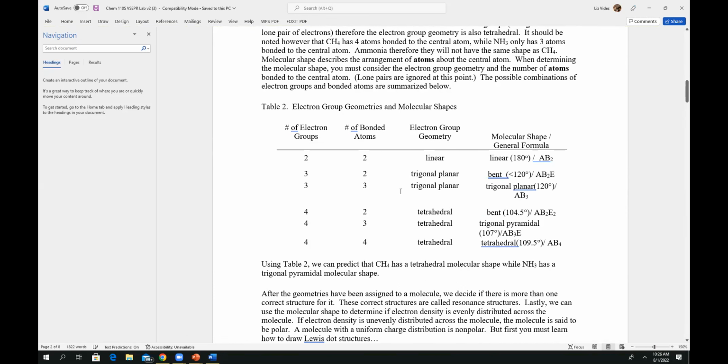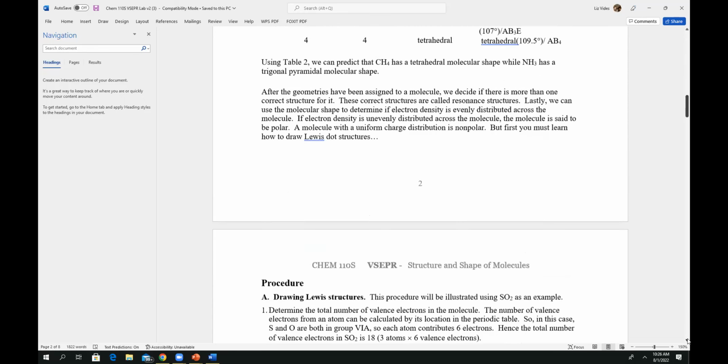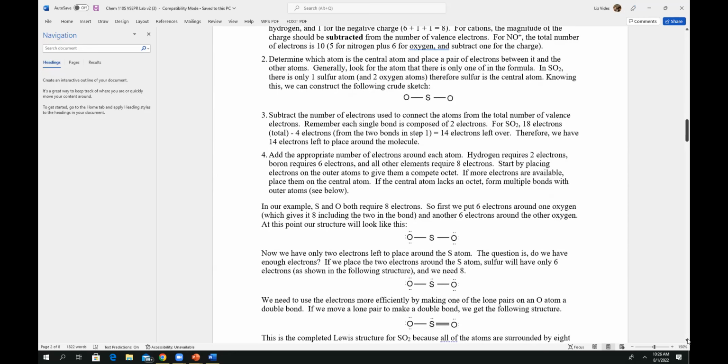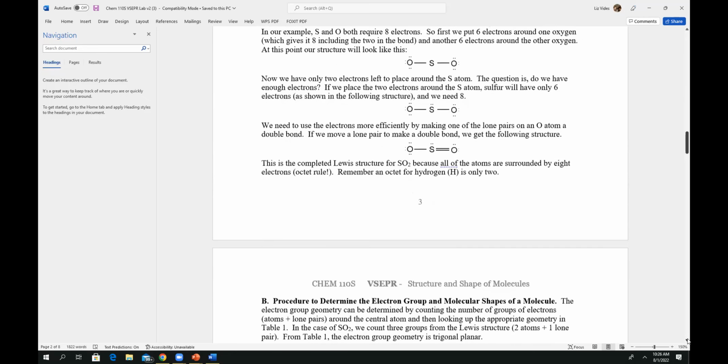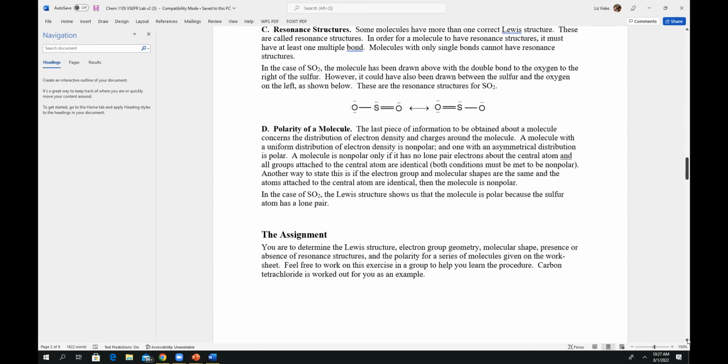You see this table? This table is very important to what we're going to do. You need to always look at that table, which is on page 2. It tells you the procedure for drawing Lewis structures. It goes over it again. And then you've got the AB2 and all that stuff.